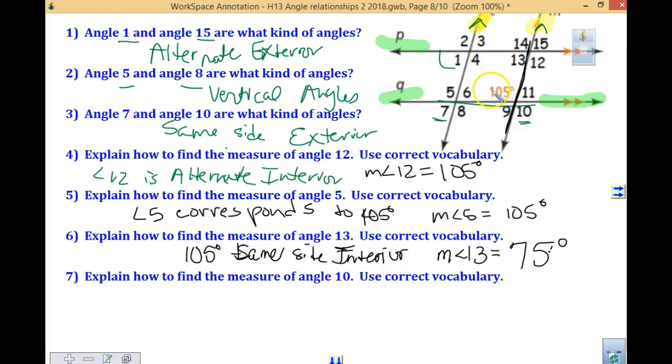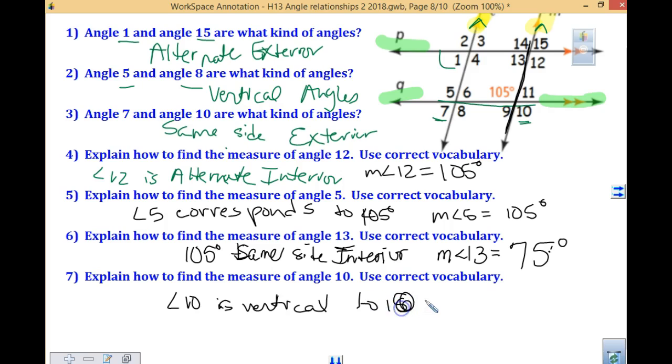And if we were going to find angle 10 in relation to 105, what would we say, Morgan, in relation to 105 from last week? 10 is what kind of an angle? Vertical. So we are going to say angle 10 is vertical to 105.